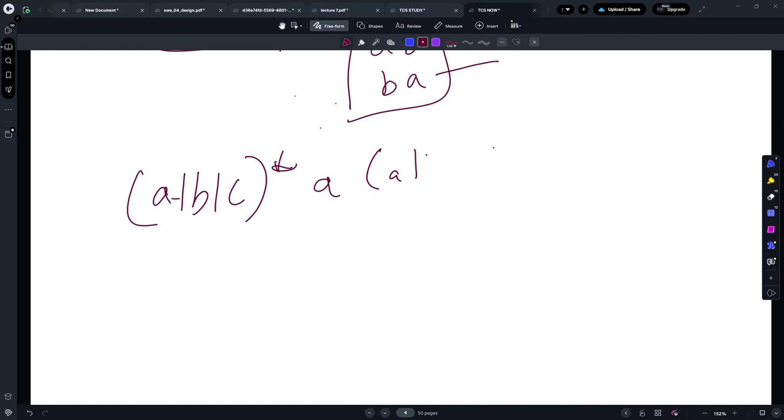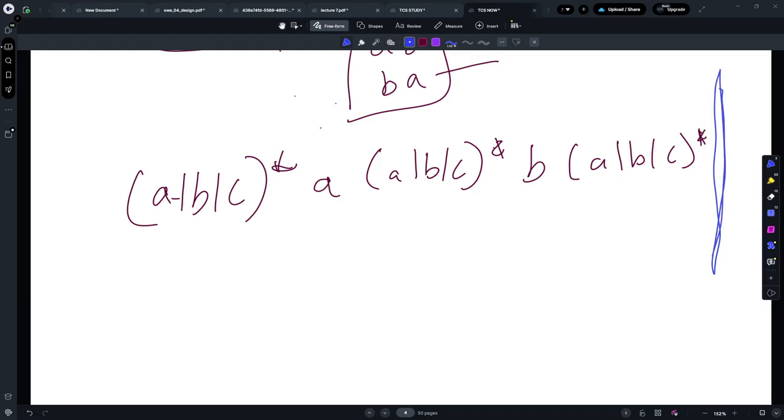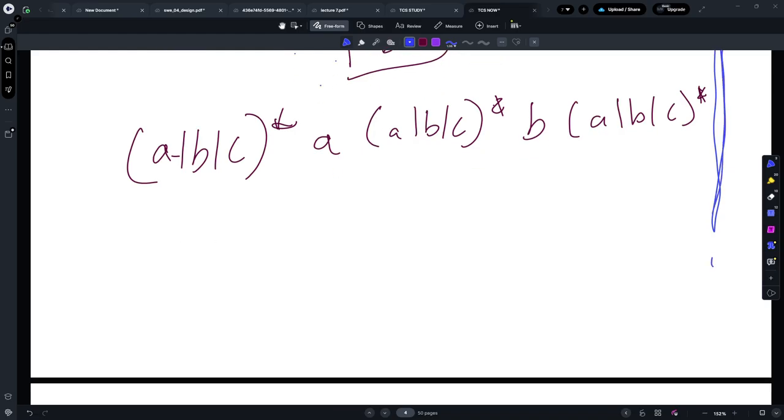Then A, B, as many times as you want, but you must read a B. That's included in the word. Then A or B or C as many times as you want, or you do an or in between. You do A or B or C as many times as you want.